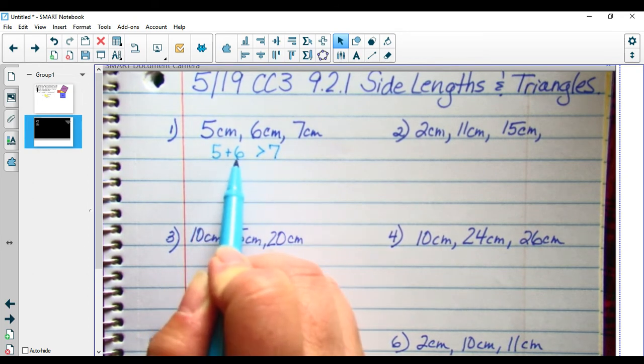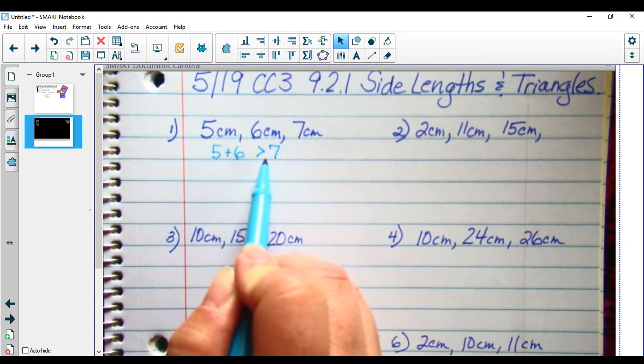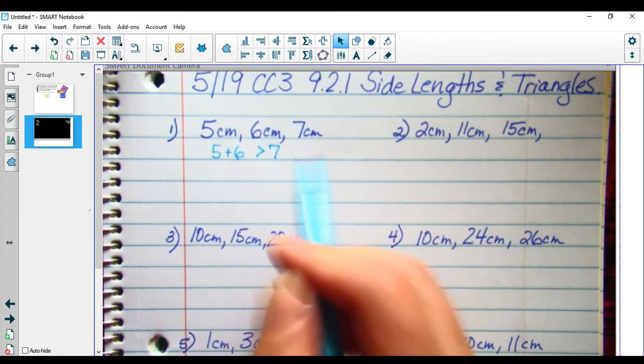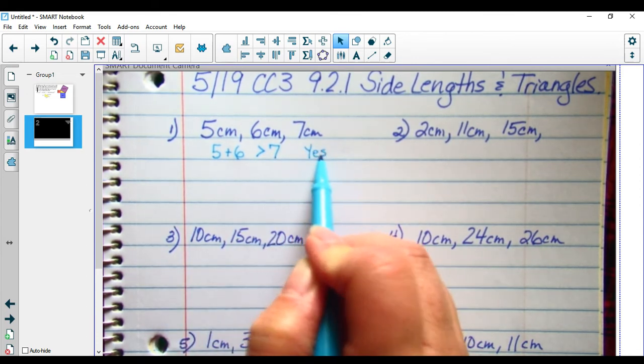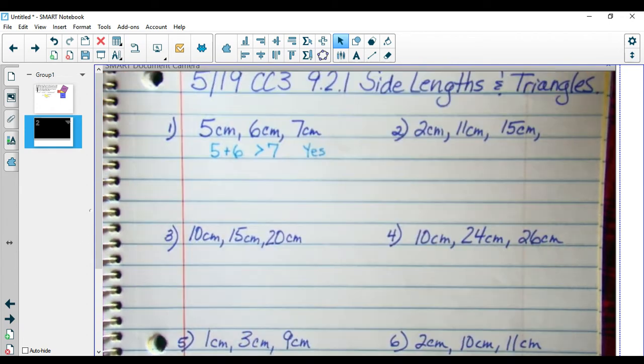5 plus 6 is 11. 11 is greater than 7. So this does make a triangle. Now, we're going to check and see what type of triangle.